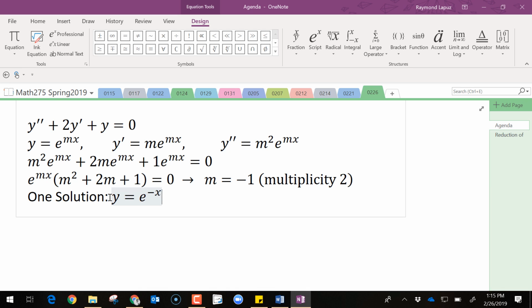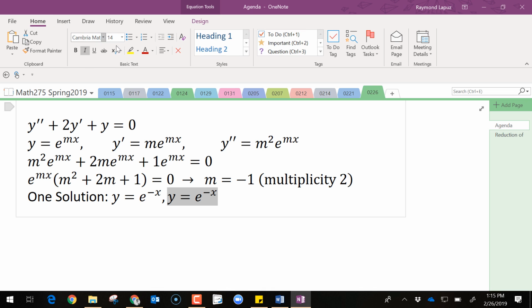And if e to the -x is another solution, that's the same as that, which means it's linearly dependent. And so that's not going to work. So if you say y equals e to the -x is another solution, then these two are not linearly independent. So we have to cross that out. Oops, that's too much crossing out. Let's just delete it. So we only have one solution. We need another one.